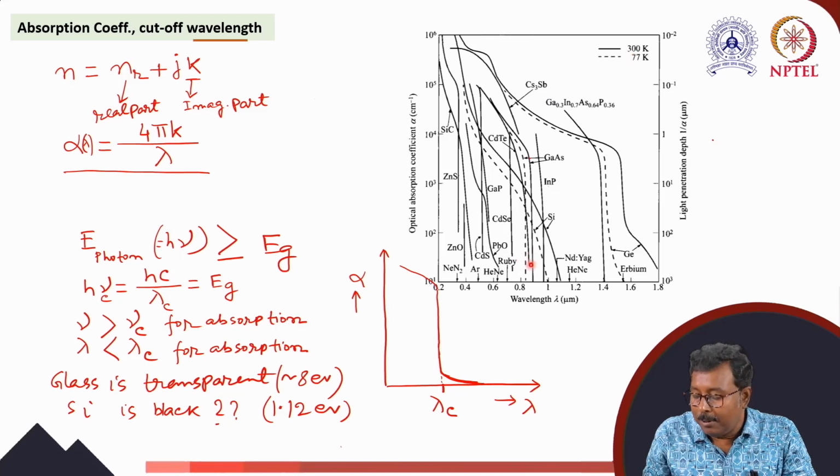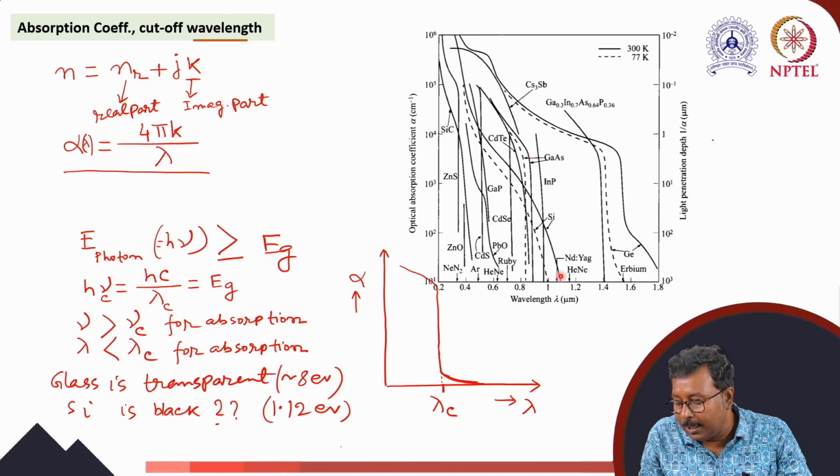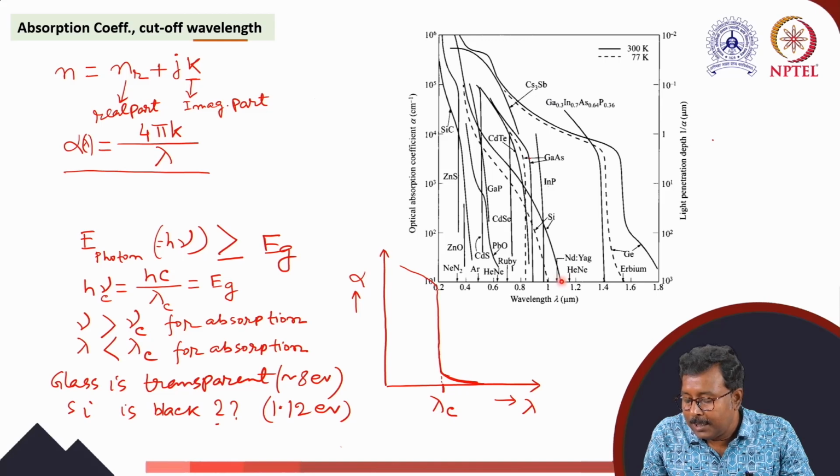So you see 300K for silicon, this is the solid line for silicon, and this is the dash line for silicon. That means this is the 300K plot and this is the 77K plot. You see for 300K lambda c is more than this value, and this is consistent with the variation of band gap. With increasing temperature, band gap decreases.